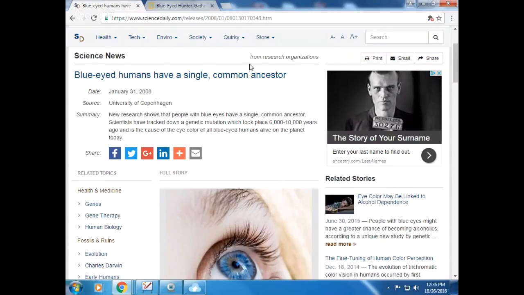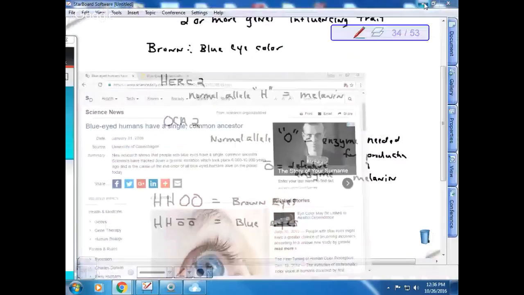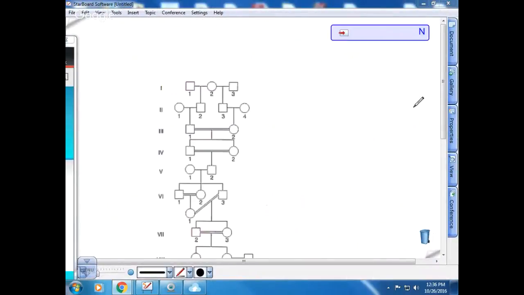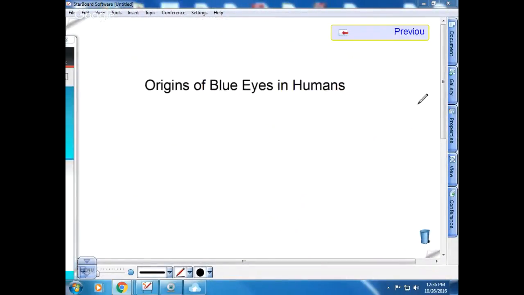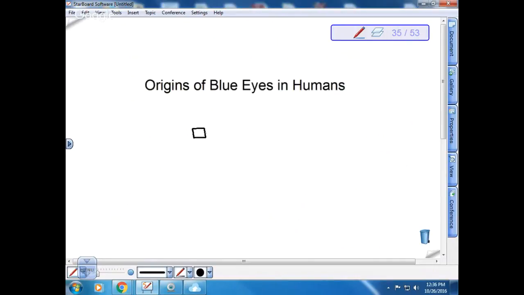And so if we go back to kind of our look at this, okay. So if the mutation arose only once, I'm just gonna draw my little pedigree here, and this is an oversimplification, right? But I'm just gonna show you how that would work, right?